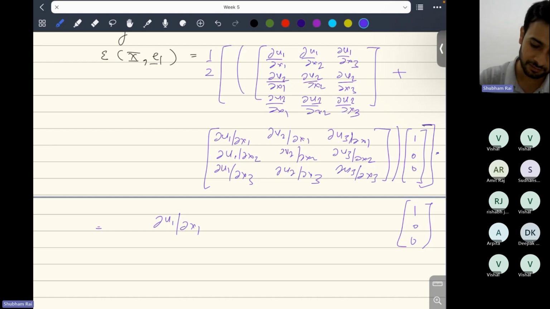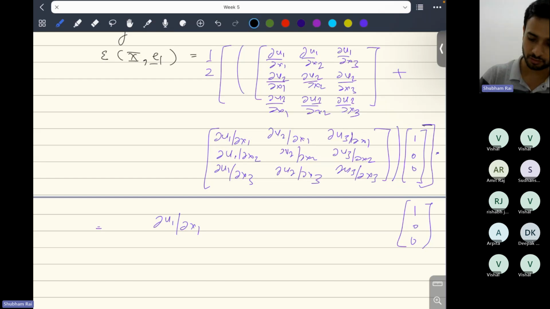The resulting matrix will have first element as del u1 by del x1. Then you will get this first column after multiplying by 1 0 0. You will get the complete first column of the resulting matrix.